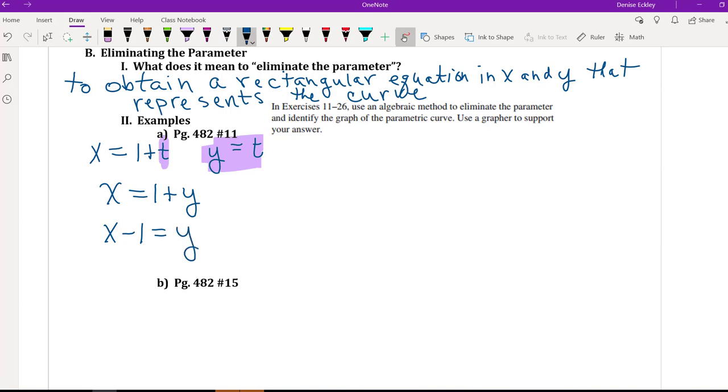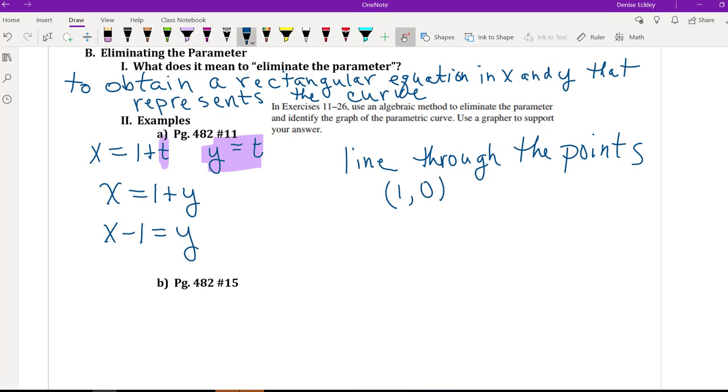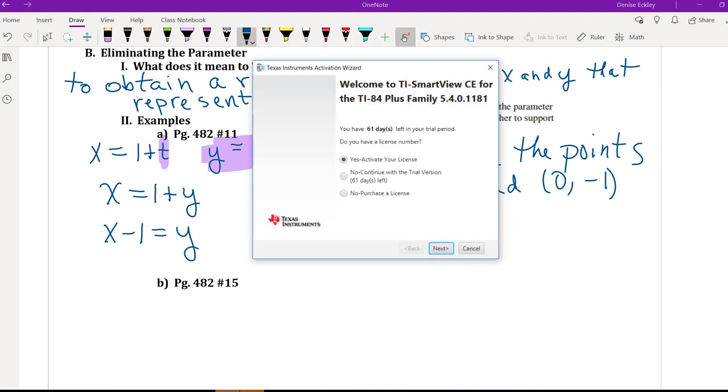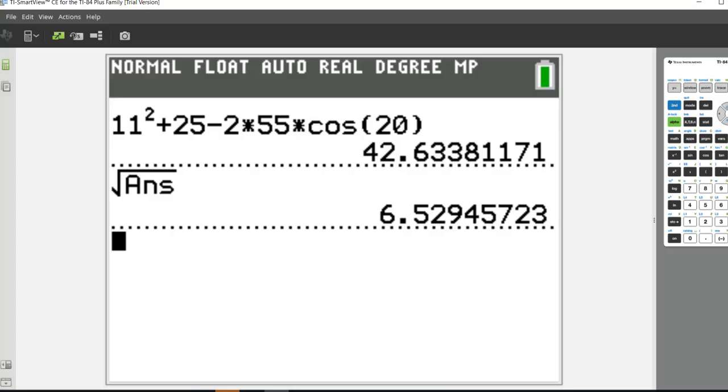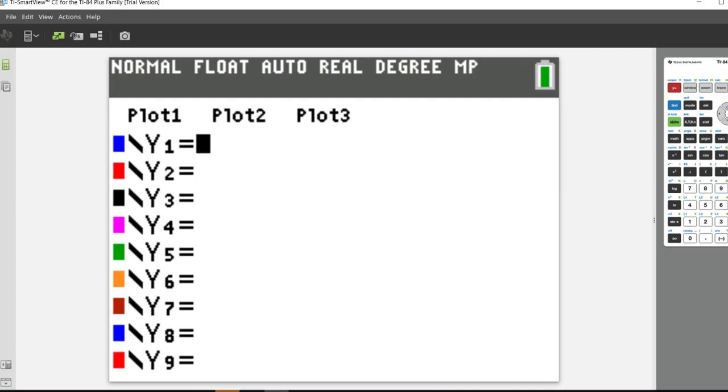So it's easy to see that this is a line through the points 1, 0, and 0, negative 1. Now to check that on the graphing calculator, let me pull up the 84. I'm going to change my mode to parametric.